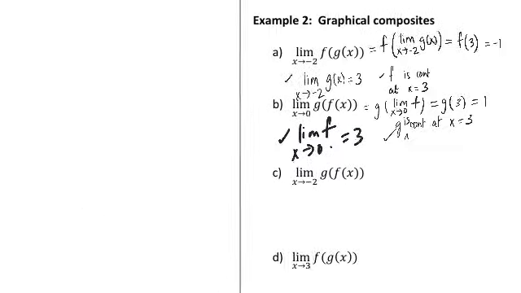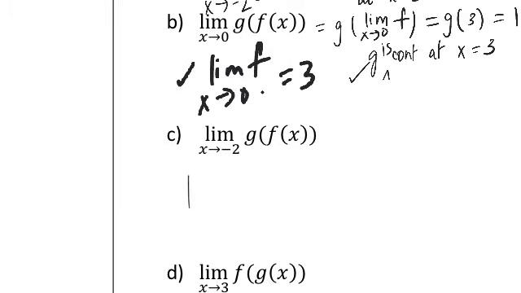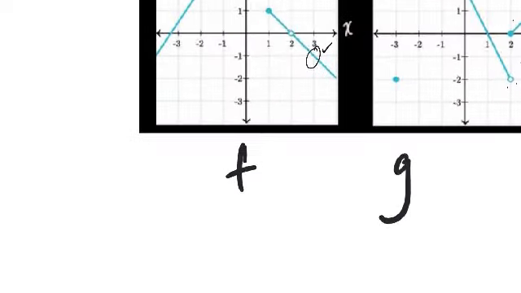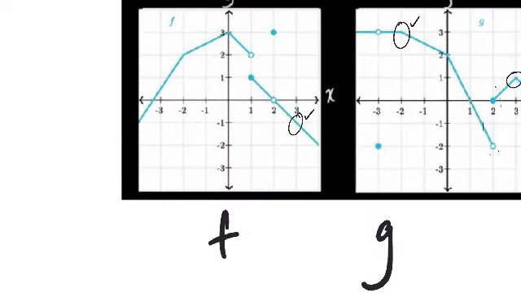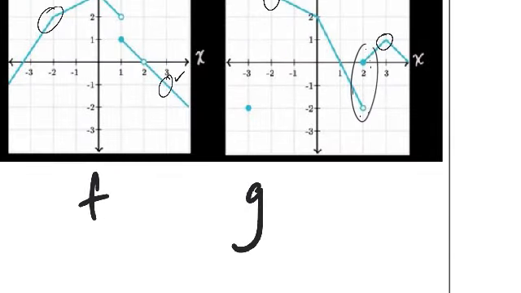Let's take a look at G of F as x approaches -2. So the limit of F as x approaches -2 is equal to 2. And G, I believe, is not continuous at 2, right?